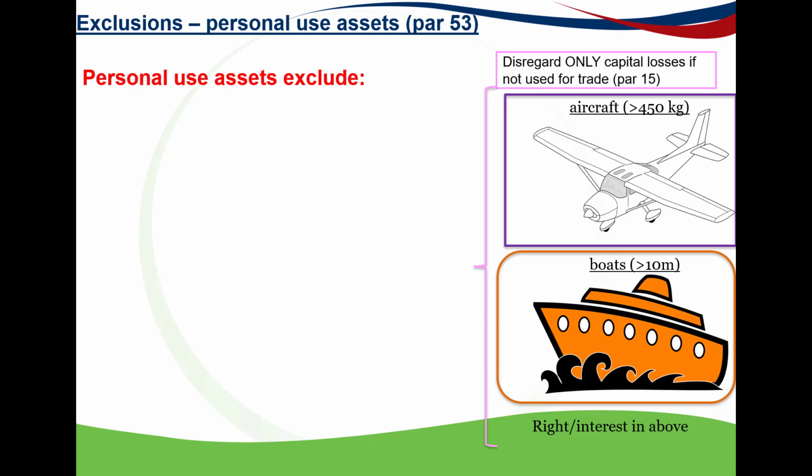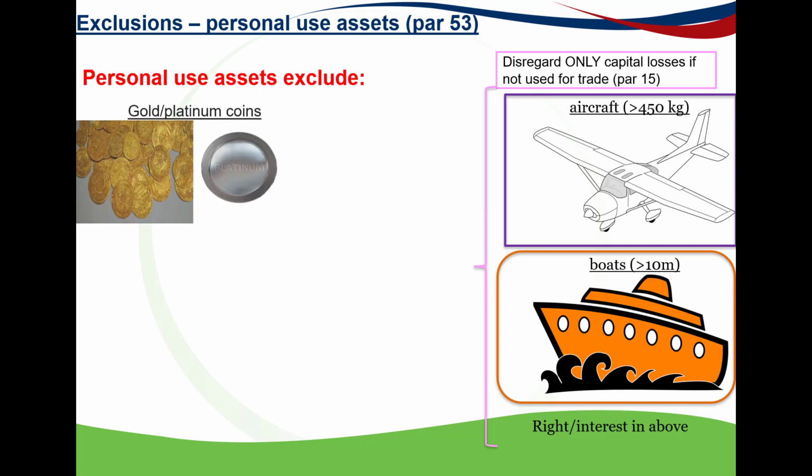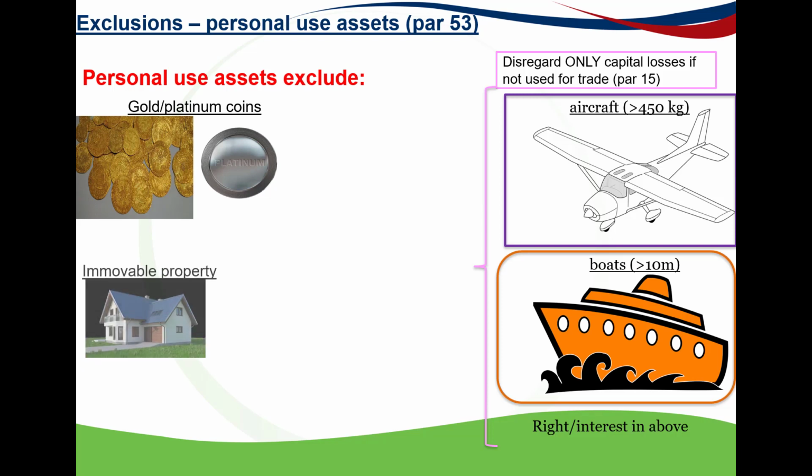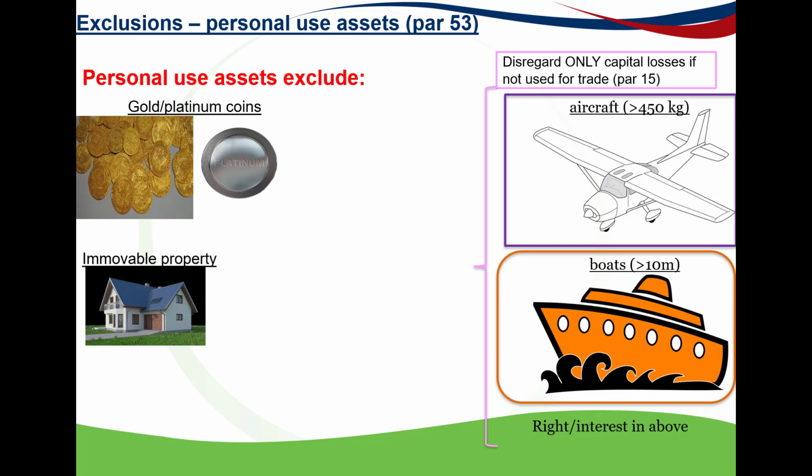In addition to the three assets excluded from the personal use assets, the following assets are also excluded from personal use assets. That is your gold or platinum coins, immovable property, short-term insurance relating to non-personal use assets, financial instruments, as well as any insurance policy which is not short-term.